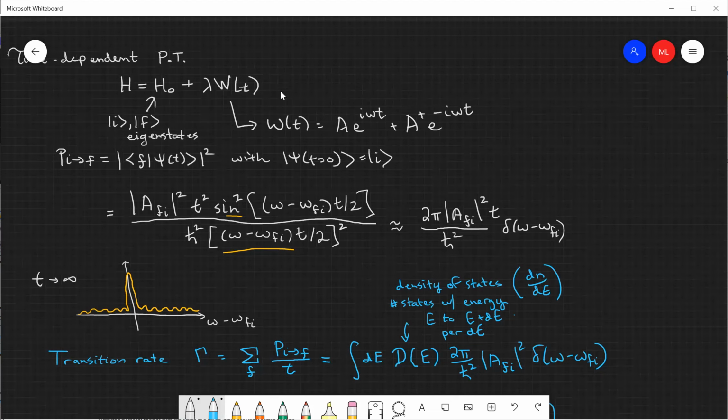So if you have such a perturbation, and you can write it like this, these A operators could be, well, some dipole interaction, for instance, with say an oscillating magnetic field. It could be like the Rabi oscillation problem, for instance, right? There we had a harmonic perturbation, and it had this form.